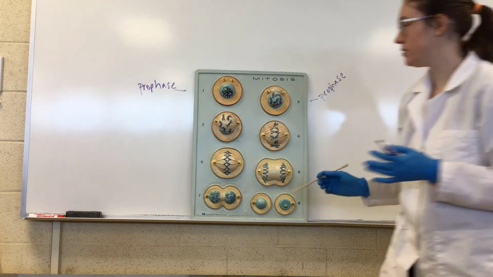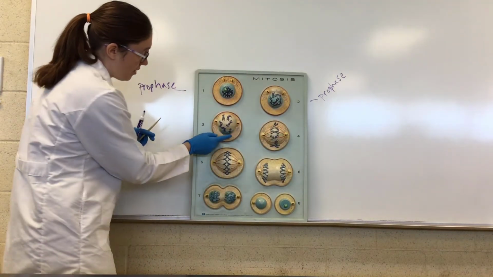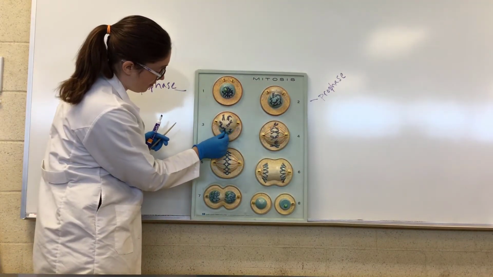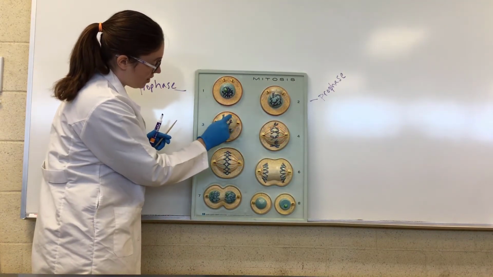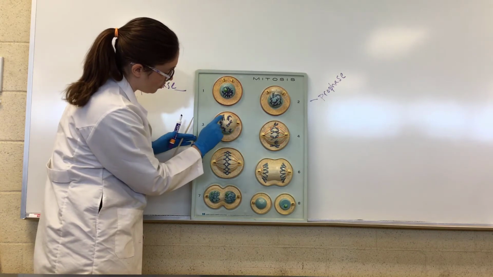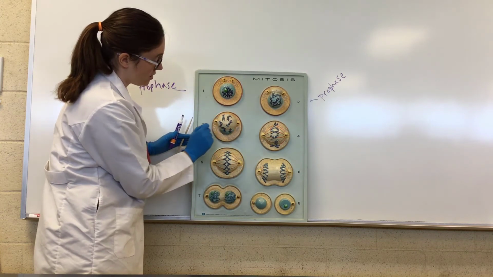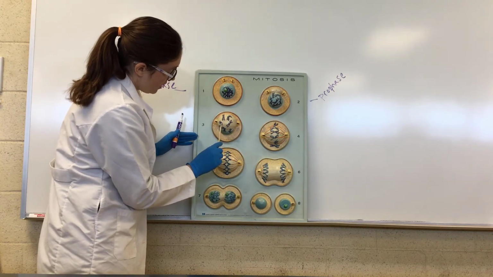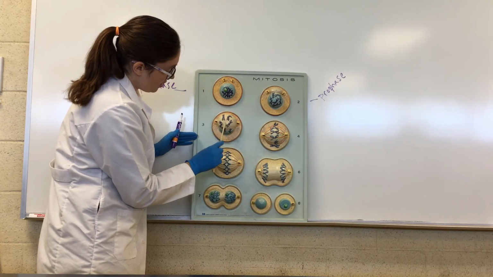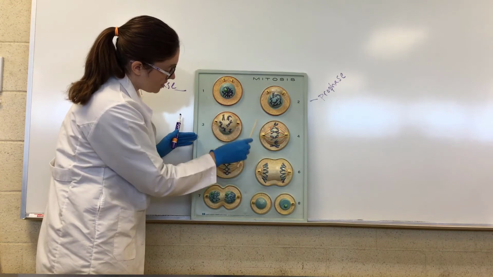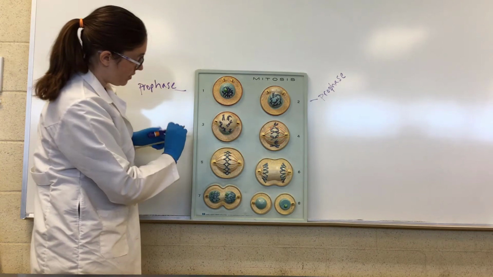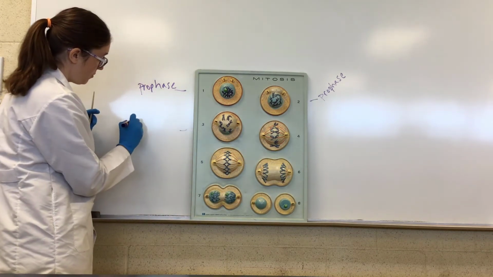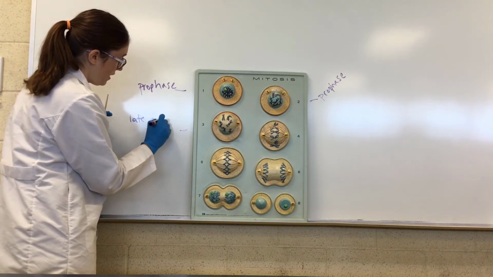Let's move to 3. We can see now that the nuclear envelope is starting to dissolve. We have our little chromosomes here, which are composed of sister chromatids that are attached at the centromere. They're trying to attach to these spindle fibers here, and they are working their way towards lining up in the middle of the cell, but they're not quite there yet. So this is going to be, you can call it late prophase.